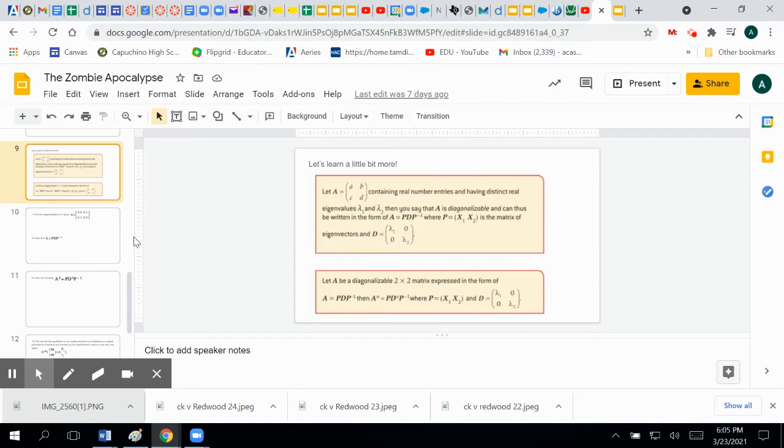Well, the reason why we care is because if we wanted to run our zombie human experiment many, many, many, many times and see how many humans and zombies there end up being, there's actually several ways we can do it. First of all, we can find the eigenvectors and eigenvalues, but there's actually kind of a shortcut.